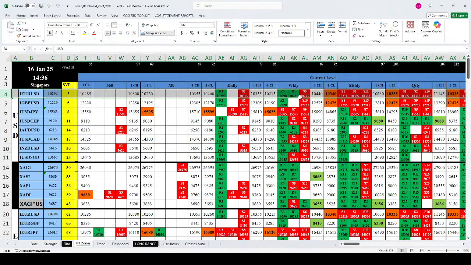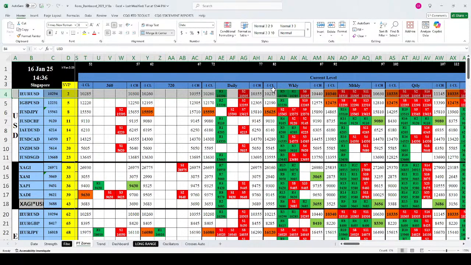But the key level for us to pay attention to is 103.40. If the price breaks and closes above 340, then we may conclude that the market has seen the base and the market may go for correction. That would be the next phase on this market.